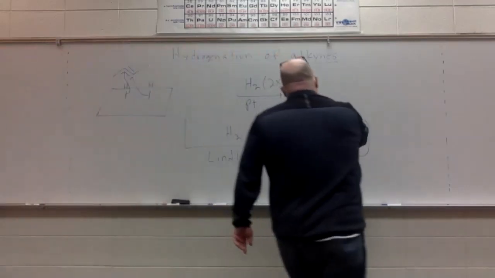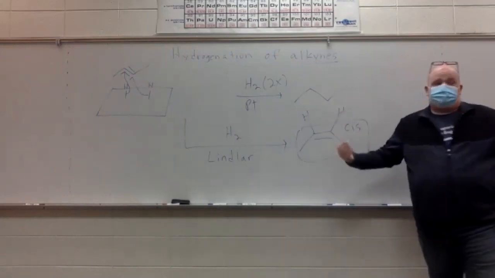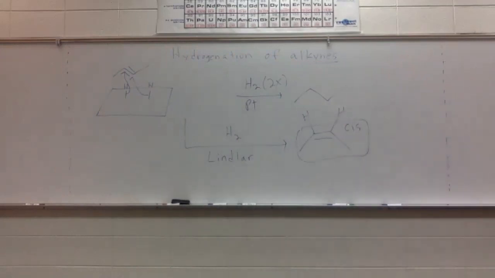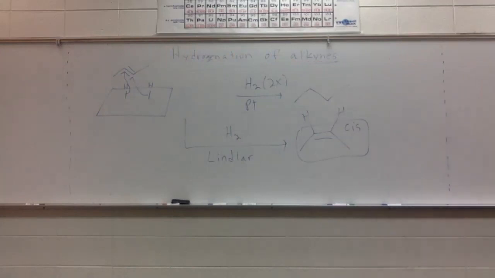So if we drew them out here so you could see them, that's where they are. As a result, the other two species are always going to be on opposite sides of those H's. Does that make sense? Are there any questions on the reasoning there? Syn addition gives us only a cis element.